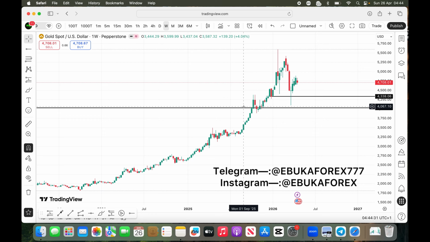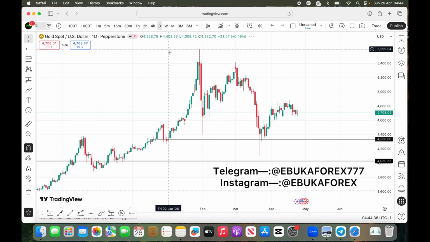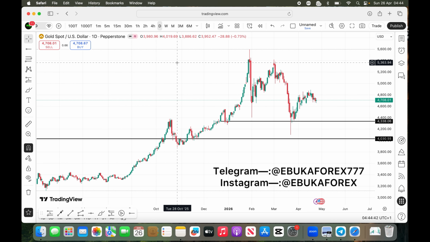Just like we are on the weekly time frame now, I'm still gonna go down to the daily time frame and you still see the same market structure. But the most interesting thing is this: during the pre-market analysis, you need to focus on the previous market highs and lows from the monthly down to the weekly time frame, then to your lower time frame, because for the execution you have to focus on the lower time frame price behavior, which is the major price reactions on the chart.